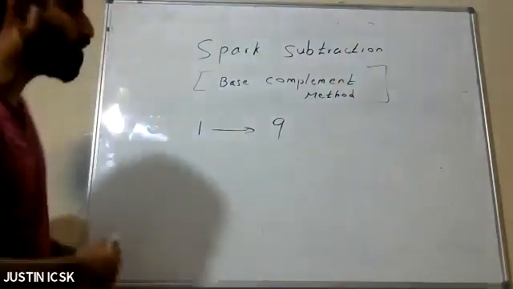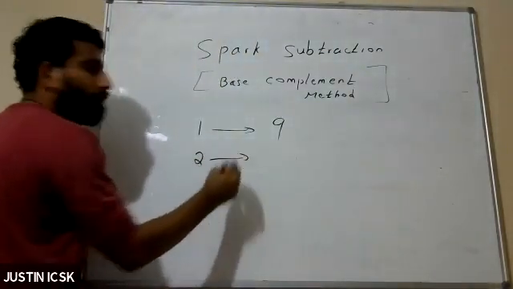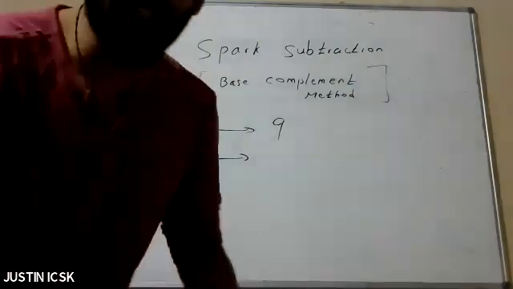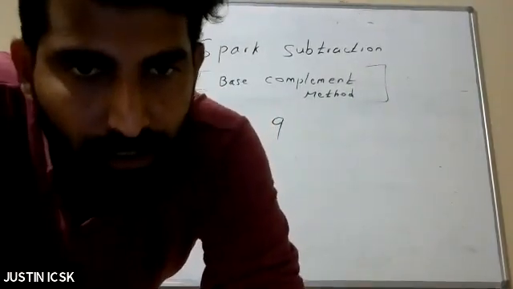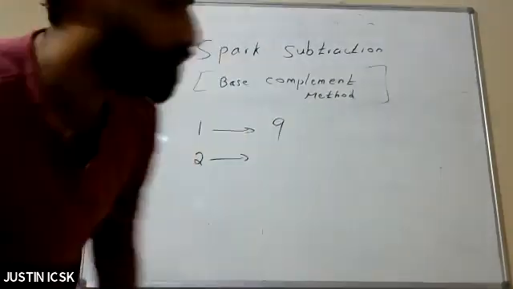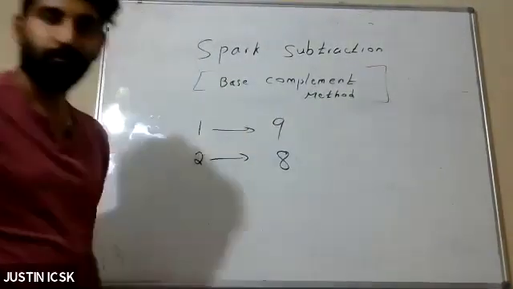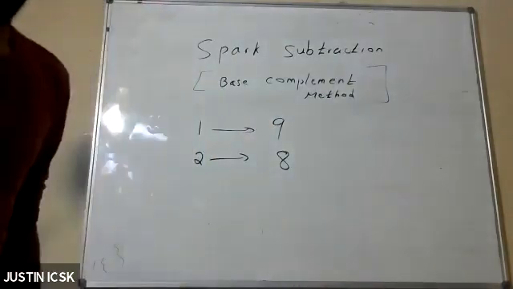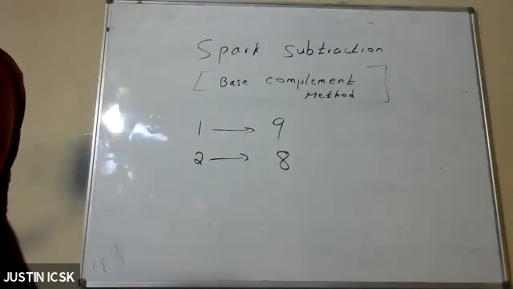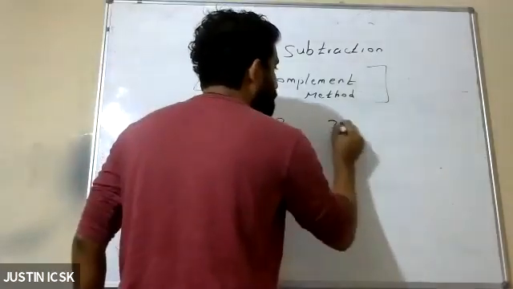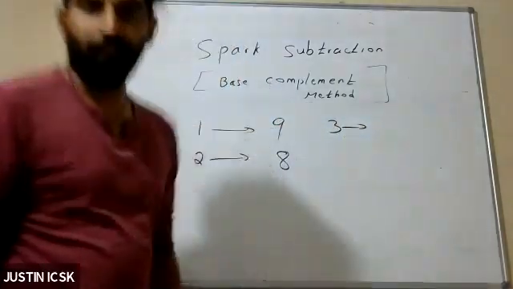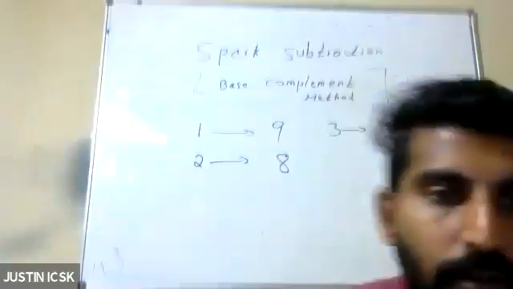Now see the complement of 2. Complement of 2 is 8, because 2 plus 8 is 10. So now I think all understood what we mean by complement. Complement of 3: which number do we add to get 10?